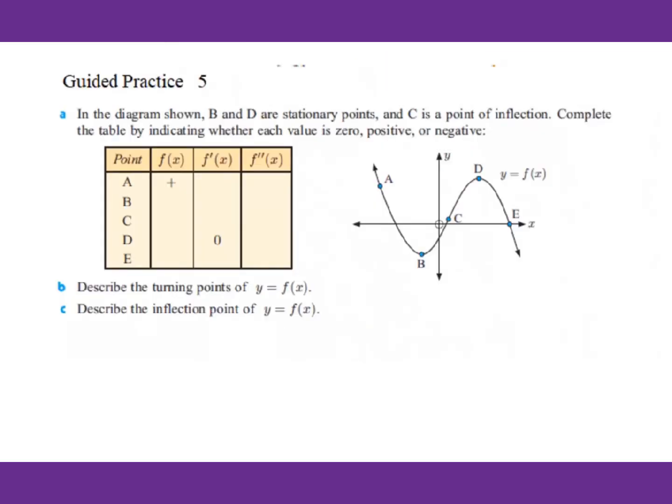Let's go to guided practice 5. In the diagram shown, B and D are stationary points. C is a point of inflection. Complete the table by indicating whether each value is 0, positive or negative.